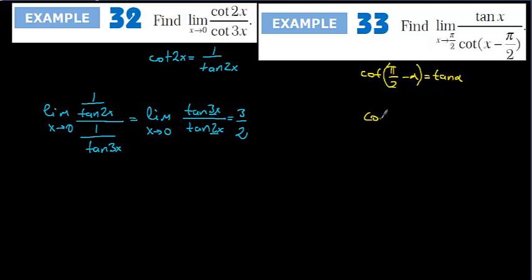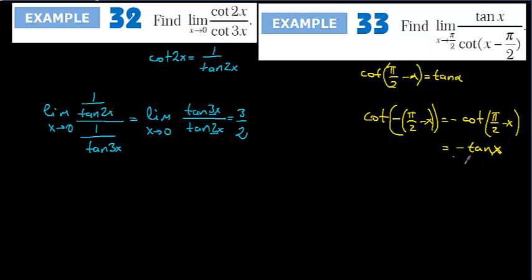And cotangent of minus pi over 2 minus x is going to be equal to minus cotangent of pi over 2 minus x, and it's equal to minus tangent x.